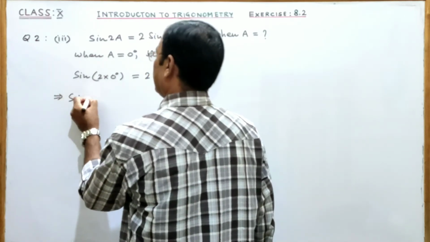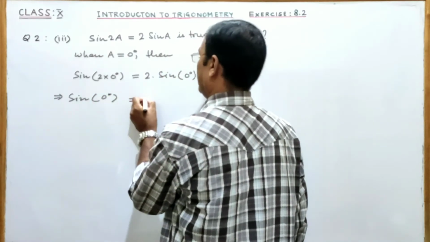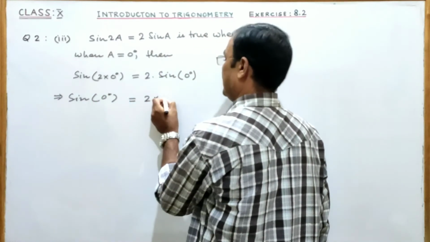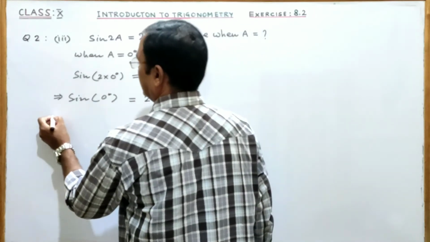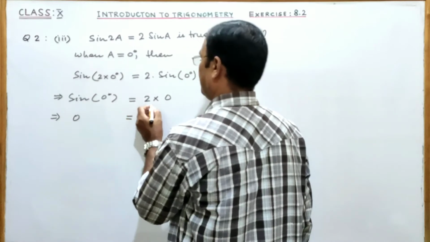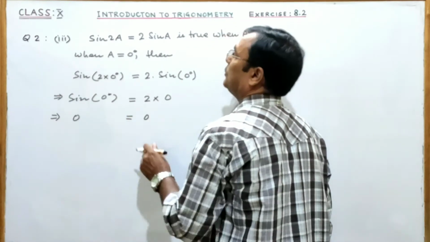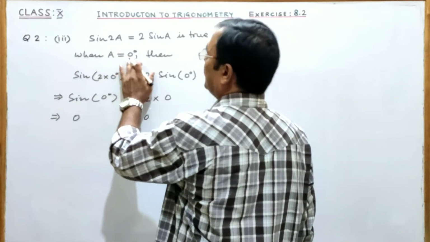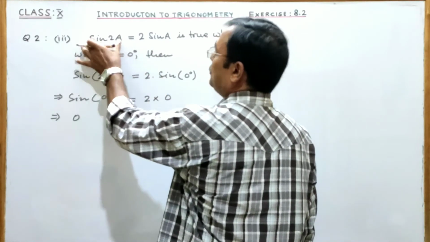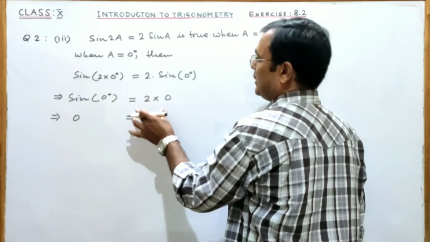This implies sine 0 degrees equal to 2 into sine 0 degrees is 0. So sine 0 degrees equal to 0 and 2 into 0 is also 0. So when a is equal to 0, then sine 2a is 0 and 2 into sine a is also 0.